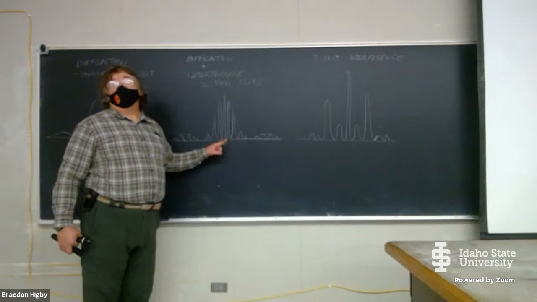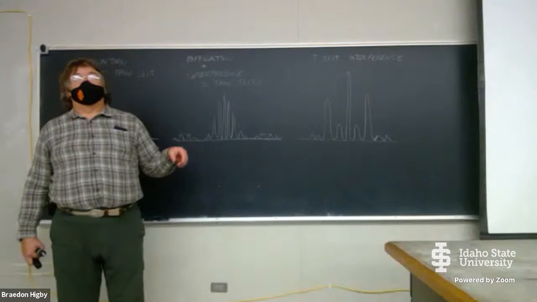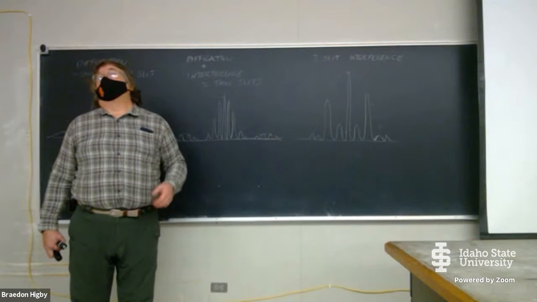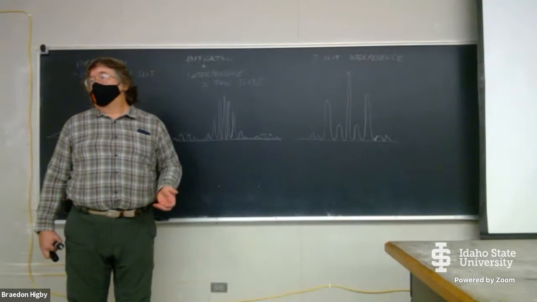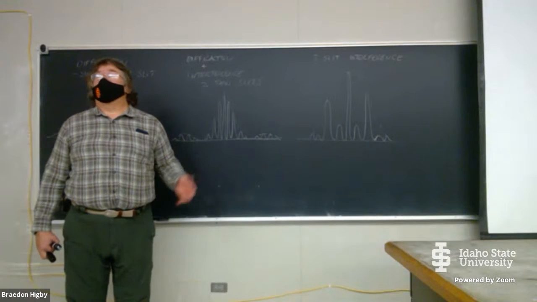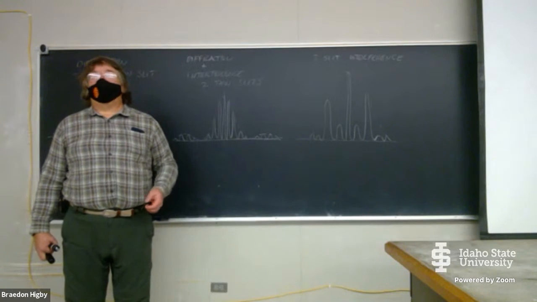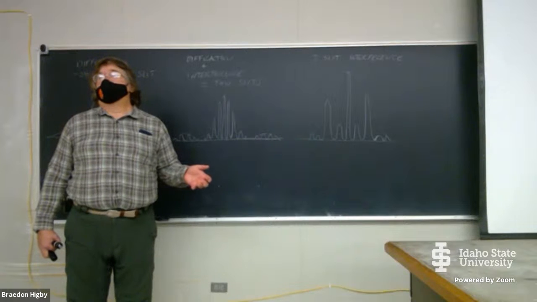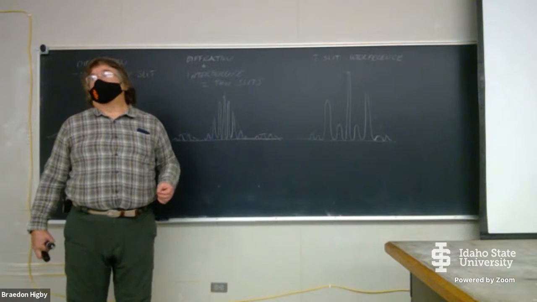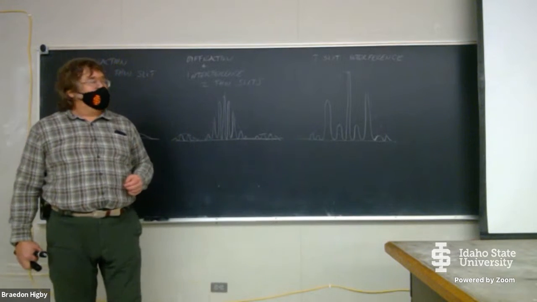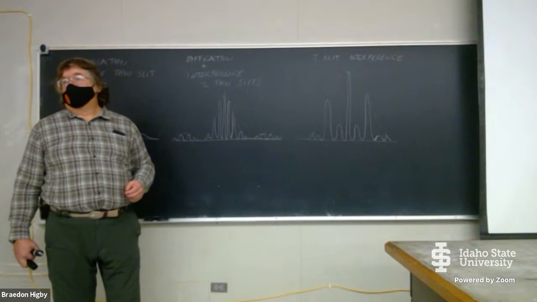So what's going on here is the light from one slit travels some multiple of a half wavelength farther than light from the other slit. If that's an even multiple of half wavelengths, we get constructive interference. If it's an odd multiple of half wavelengths, we get destructive interference.